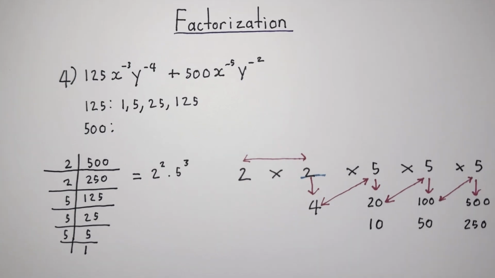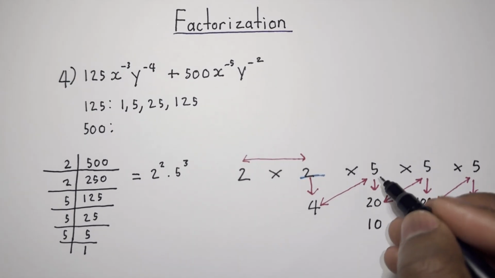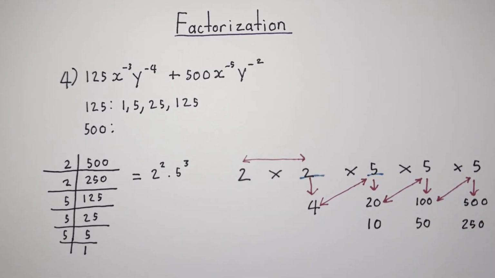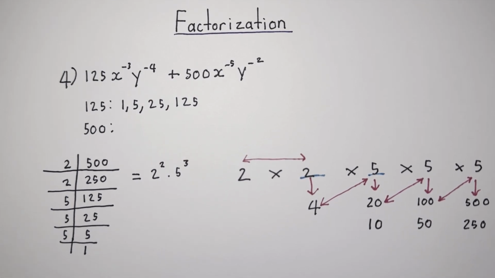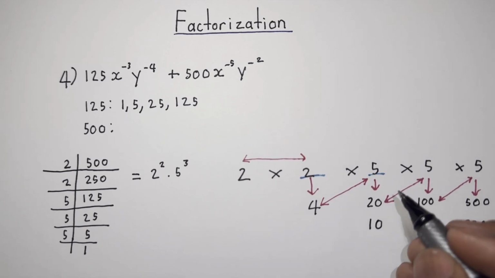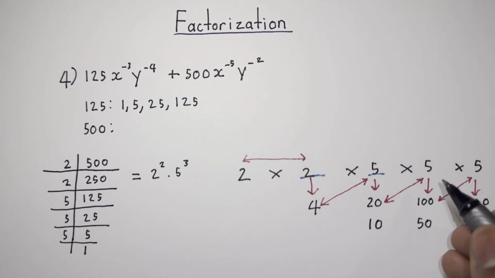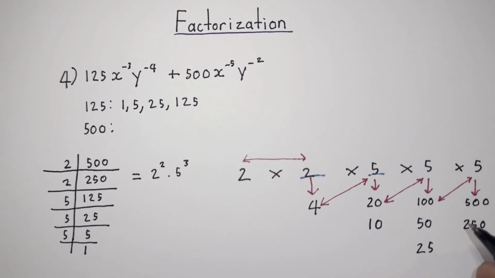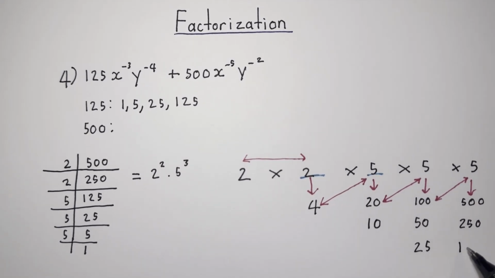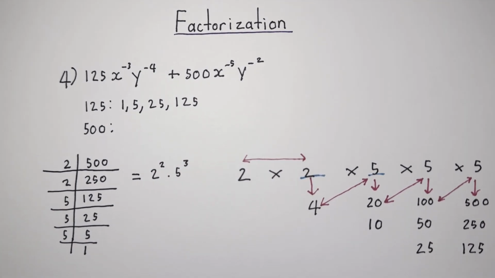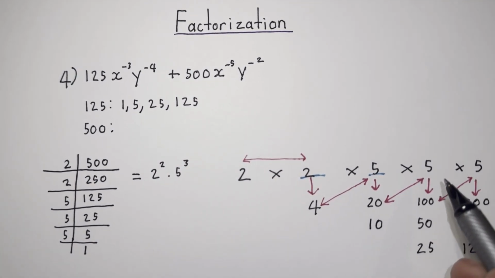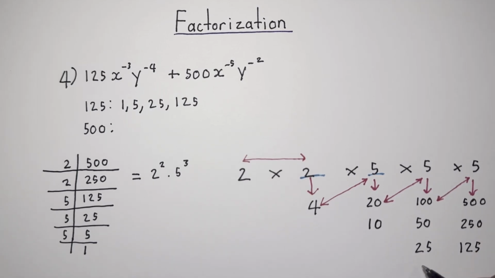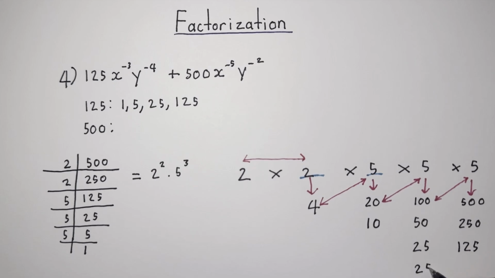And we're going to move to the other digit, which is 5. I'm sure by now you're seeing the pattern here. So 5 times 5 gives us 25, and 25 times 5 gives us 125. Now finally we're left with 5 times 5, which gives us 25.